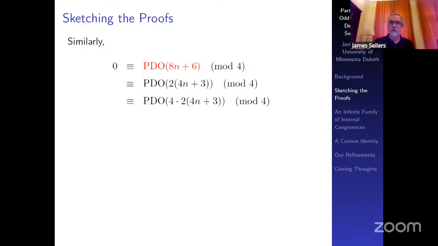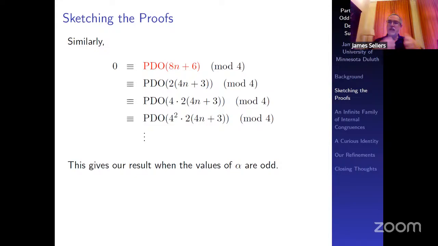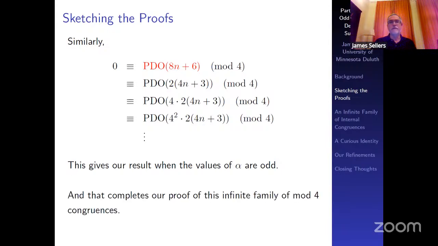Then I can multiply by another 4, and I can do it again, but I decided not to require you to watch me do that too many times. And so that is going to give me the same result where I now have 2 to the alpha times 4n plus 3, but now the alphas are odd. So I have the even alphas, I now have the odd alphas. That's all the alphas. And so I have my proof.